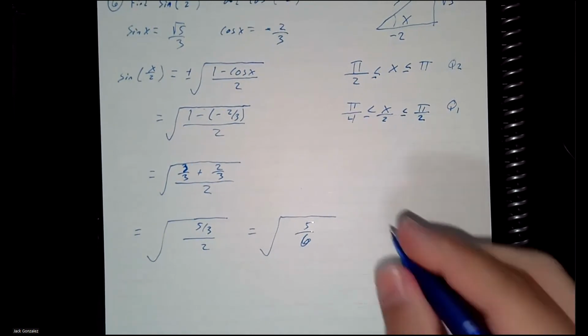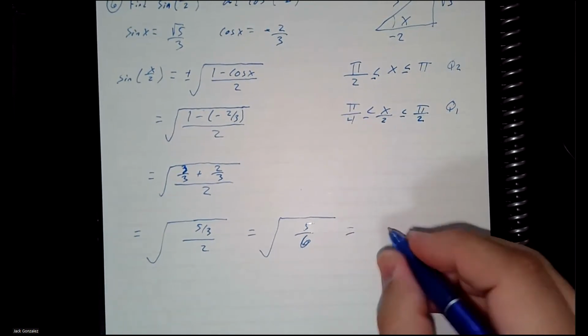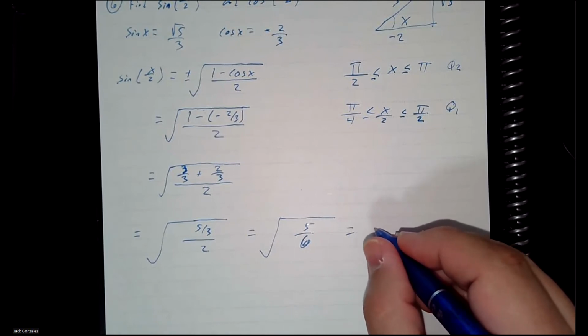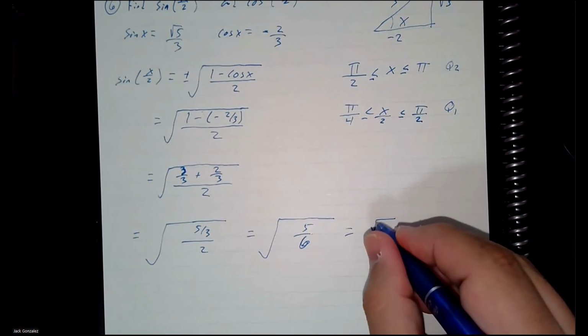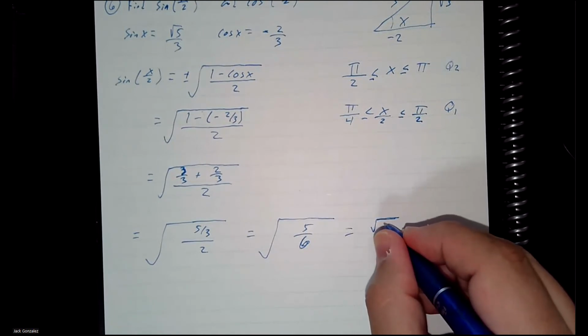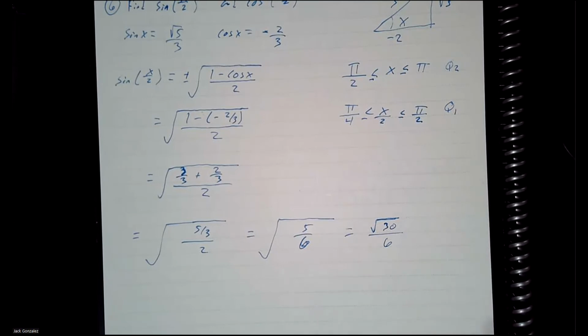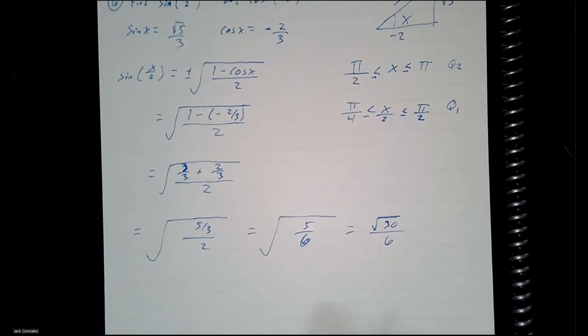If you want to keep going, this will rationalize into square root 30 over 6. But this is good enough.